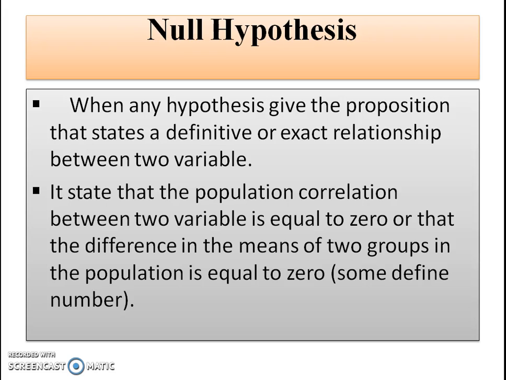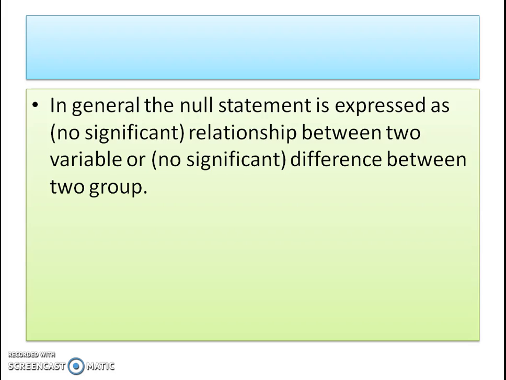The two types of hypothesis we basically take in management research are the null hypothesis and the alternate hypothesis. The null hypothesis is always denoted by H01, and it is stated in neutral language. The statement starts with words like no significant, no relationship.